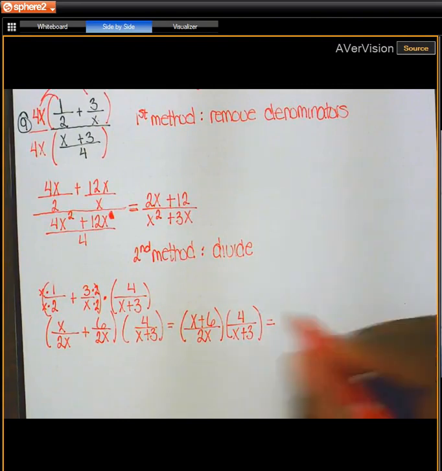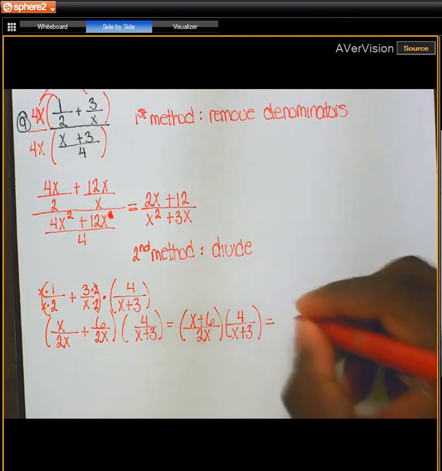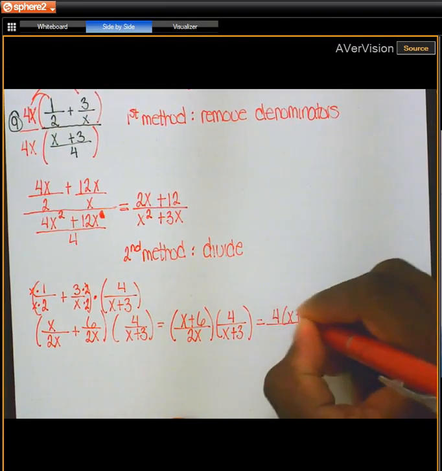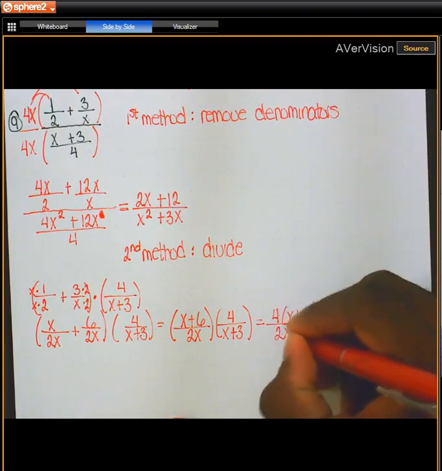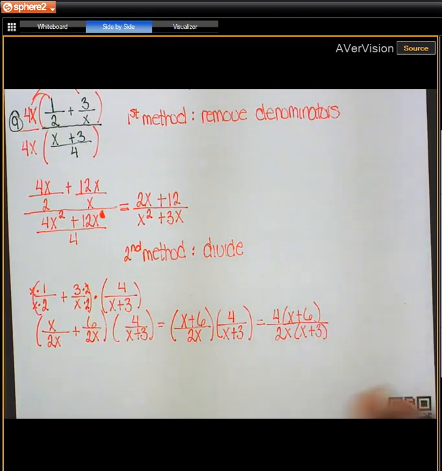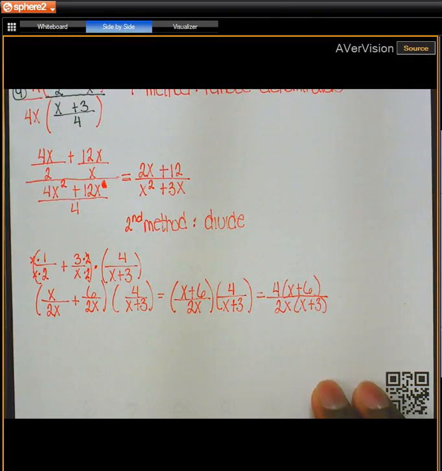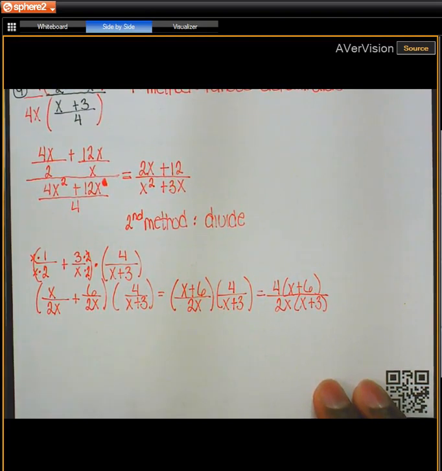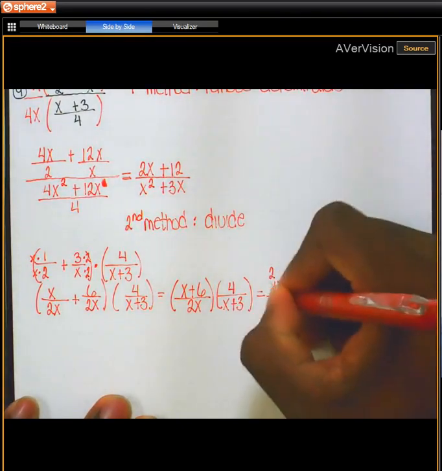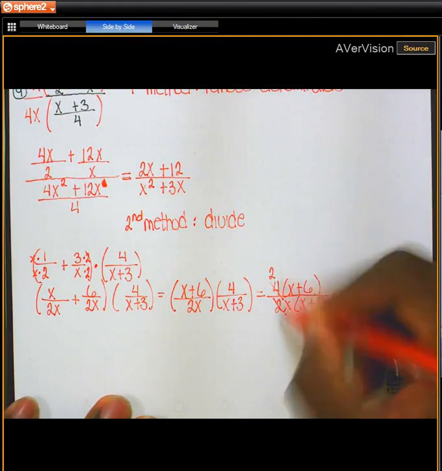Now we can multiply. And when we're multiplying fractions, we just multiply straight across. We have 4 times x plus 6 divided by 2x times x plus 3. Before we multiply, can we simplify anything? Yeah, we can simplify the 4 and the 2. So this becomes 2 and this goes away, because 4 divided by 2 is 2.